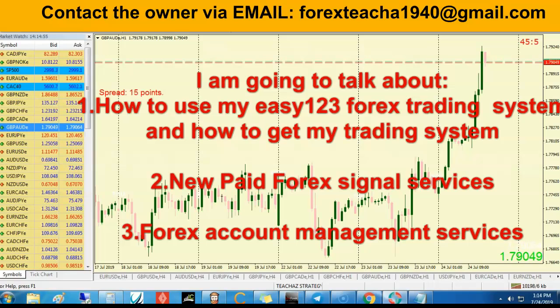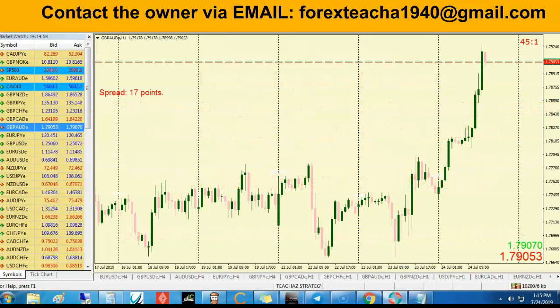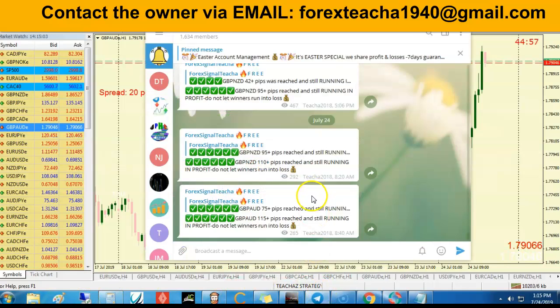So with that being said, let me quickly jump in and show you the results from my Telegram channel. For those who have been following these signals, yesterday I also updated these signals today. Yesterday I sent a signal on pound Australian dollar that it's going to go up, and then I also sent another call position for pound New Zealand.